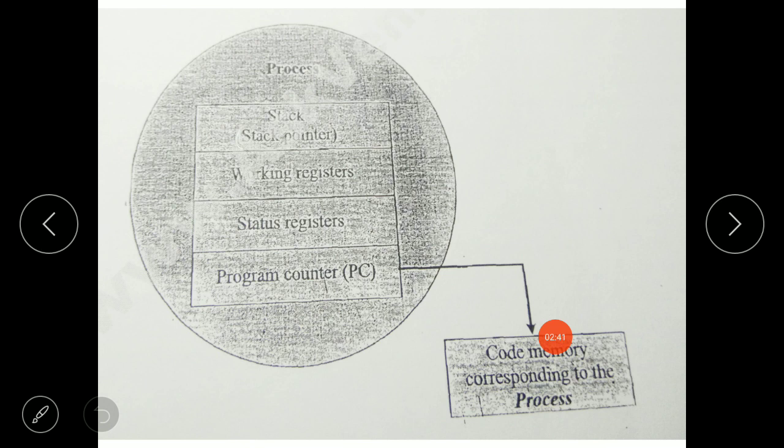A process mimics a processor in properties and holds a set of registers, process status, a program counter to point to the next executable instruction of the process, a stack for holding the local variables associated with the process, and the code corresponding to the process.